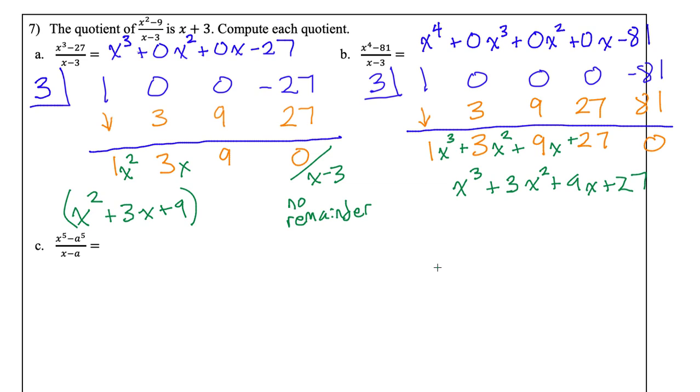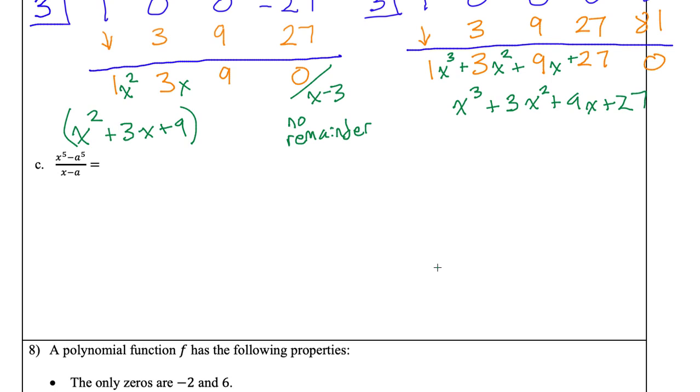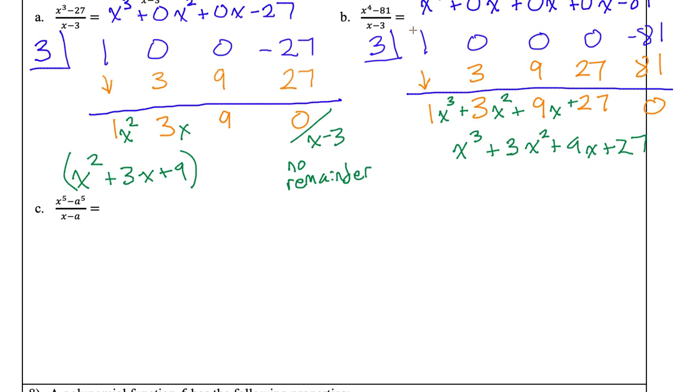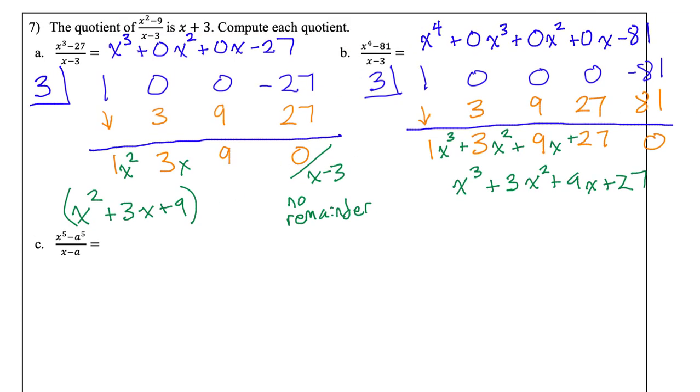All right. We can actually just brute force our way through part C as well, although if you find the pattern, it helps you immensely. So I'm going to rewrite this just like I did with A and B. I have x to the power of 5 plus 0x to the power of 4 plus 0x to the power of 3 plus 0x to the power of 2 plus 0x minus a to the power of 5.